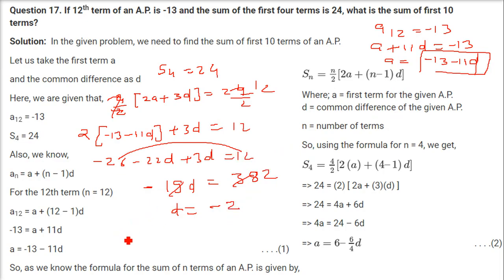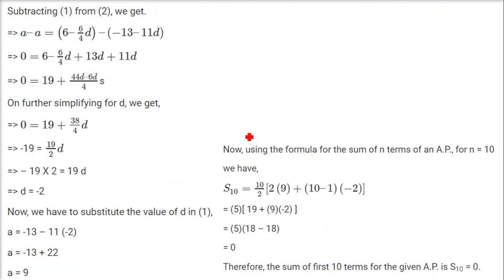How to find A? Minus 13 minus 11 into minus 2. So this is going to be plus 22. 22 minus 13 is going to be 9. So D is minus 2 and A is 9.